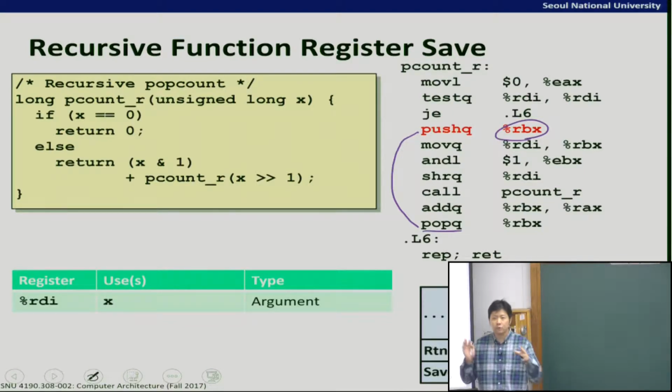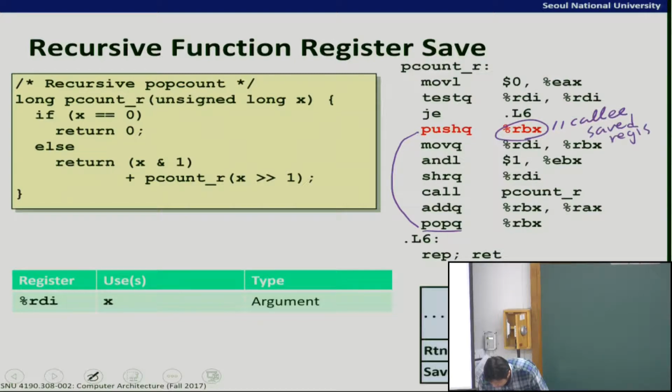This one is pushed onto the stack because it is a so-called callee-saved register. Actually, this value needs to be preserved before it returns to the caller, right? So callee-saved register.